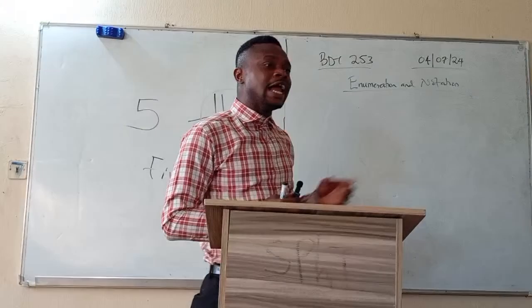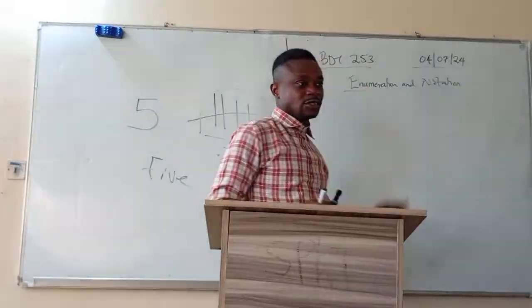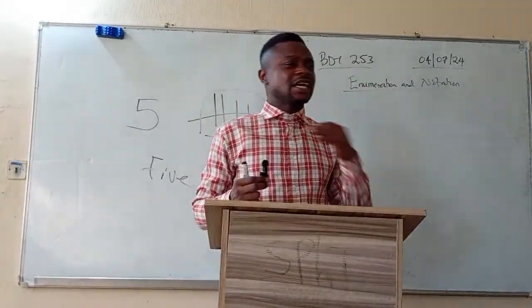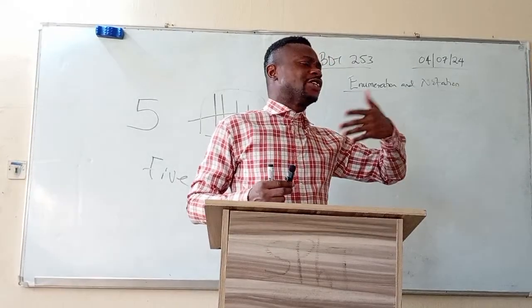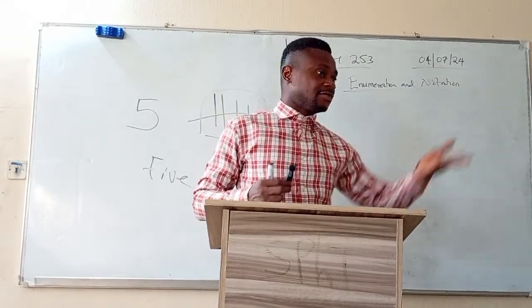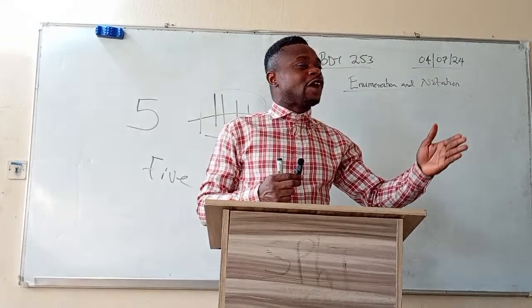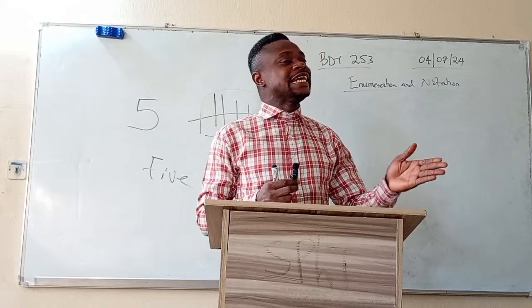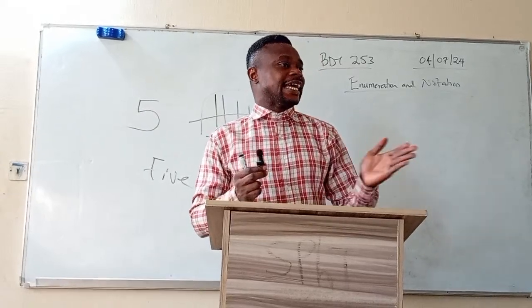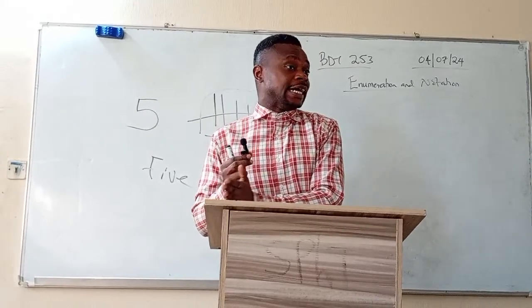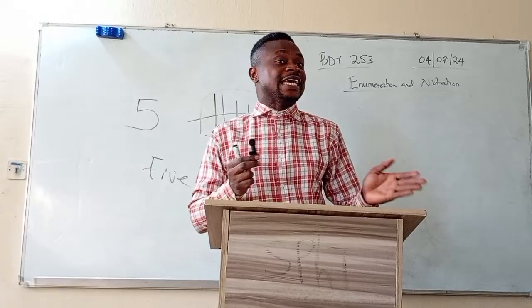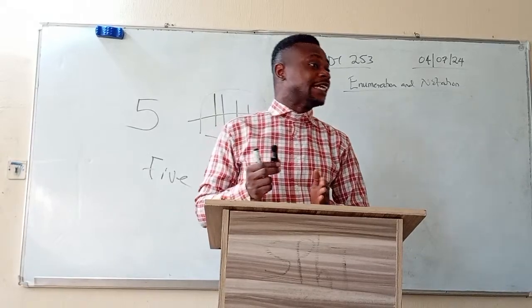Now, we are now going to enumeration. So, what is enumeration? Enumeration is just counting, or you can say that enumeration is the listing of objects in order, in a particular order. It may be in increasing order, it may be in decreasing what?